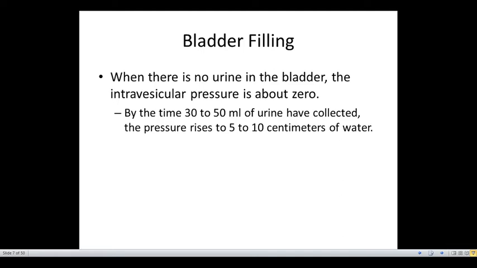And by the time 30 to 50 milliliters of urine have collected, the pressure rises to 5 to 10 centimeters of water.